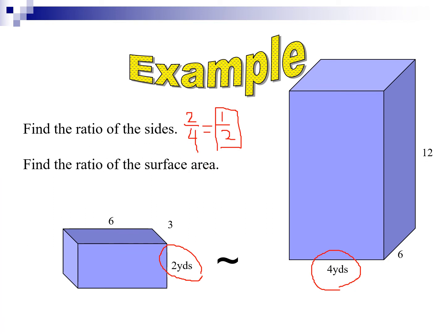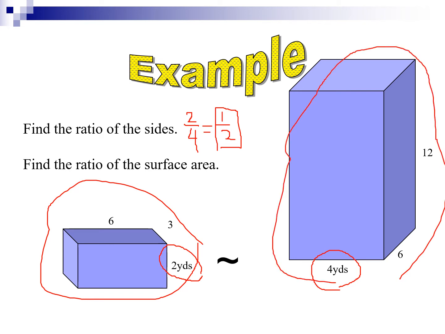Now you have to find the ratio of the surface area. Now there's two ways to do this. You can find the surface area of this whole prism and then find the surface area of this whole prism and then compare the two. But that's quite a lot of work.